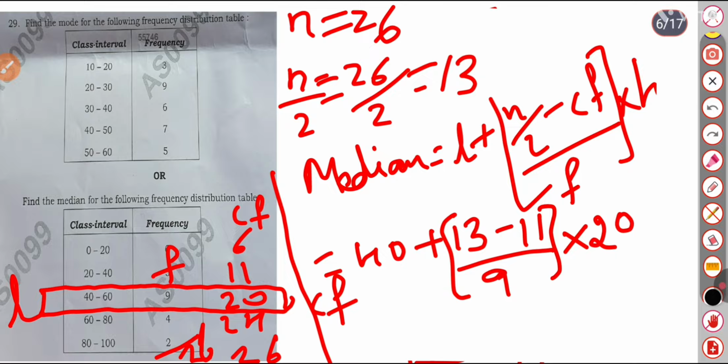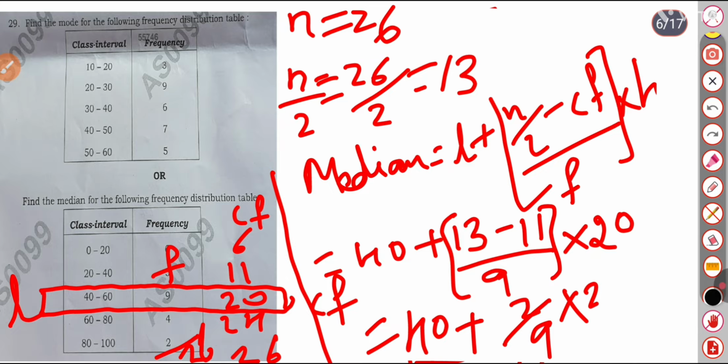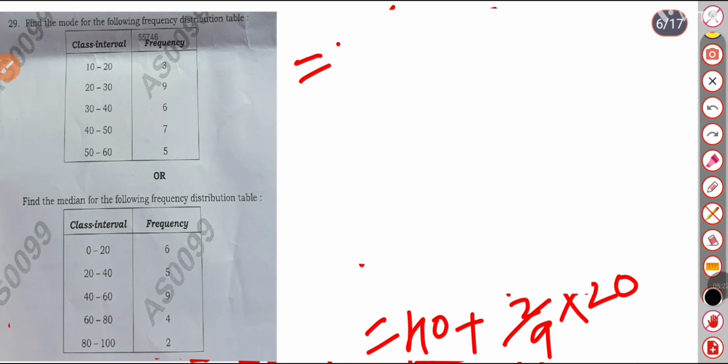So this is equal to 40 plus 13 minus 11 is 2, 2 by 9 into 20. So next is 40 plus 2 by 9 into 20.